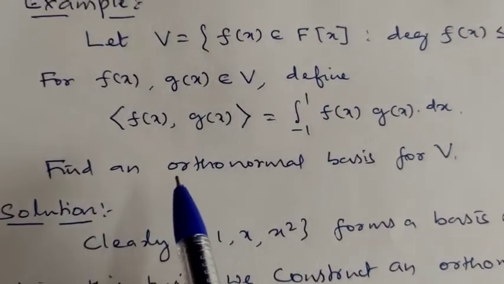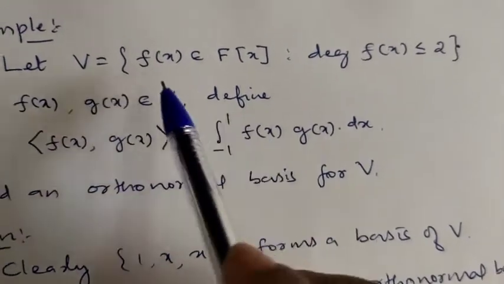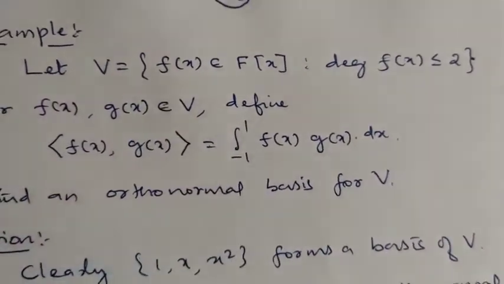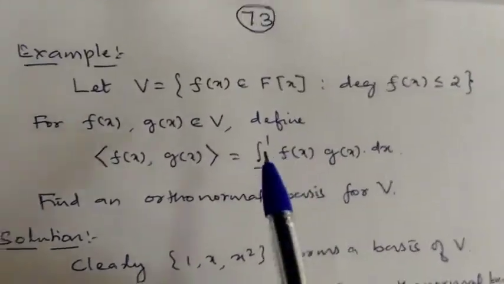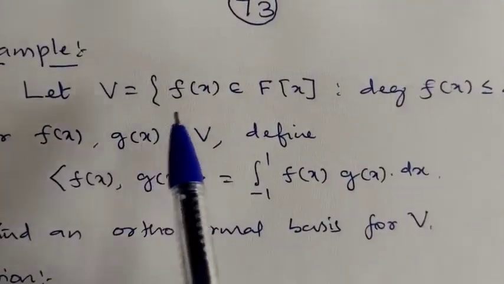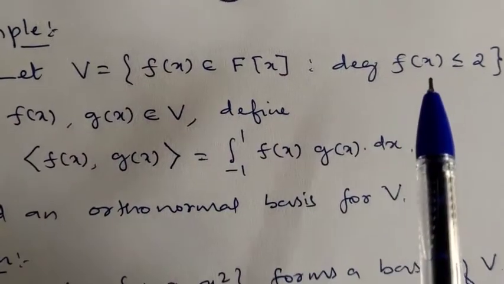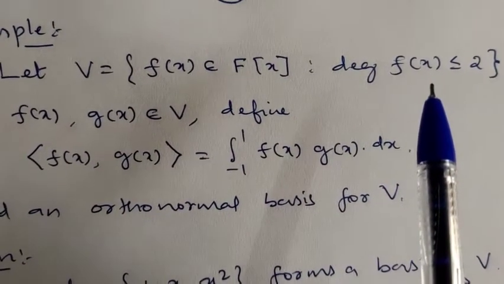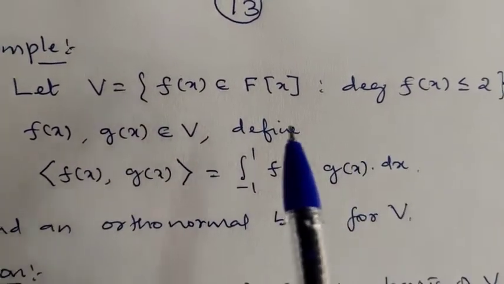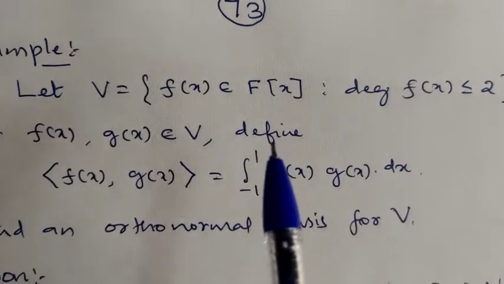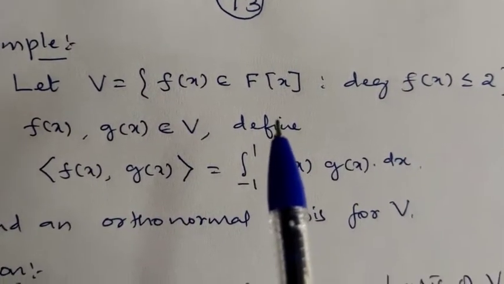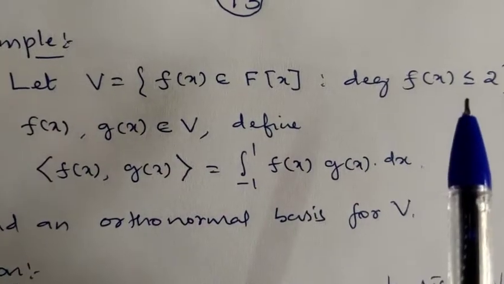We need to find an orthonormal basis for V. Now, V is the vector space of all polynomials of degree less than or equal to 2, which means what? What are the basis elements for V? Any polynomial is of the form a0 plus a1x plus a2x squared, because it is of degree less than or equal to 2.